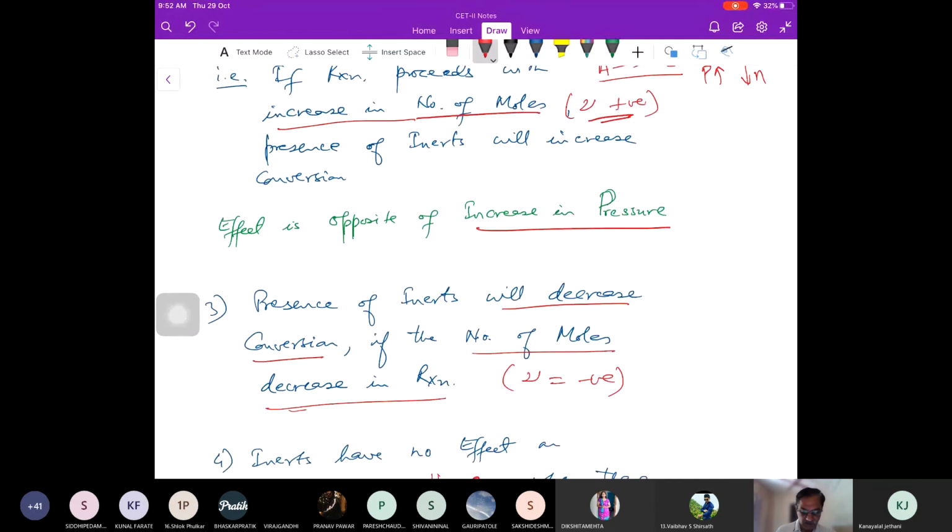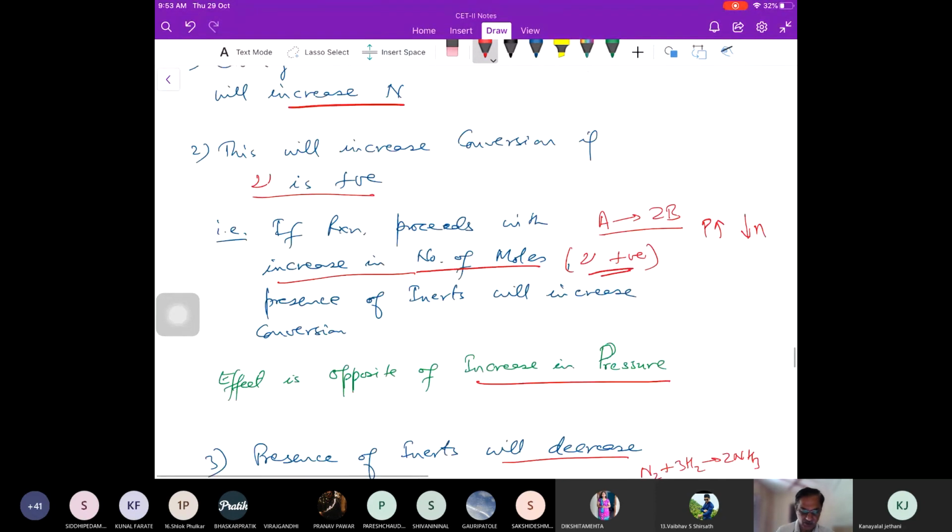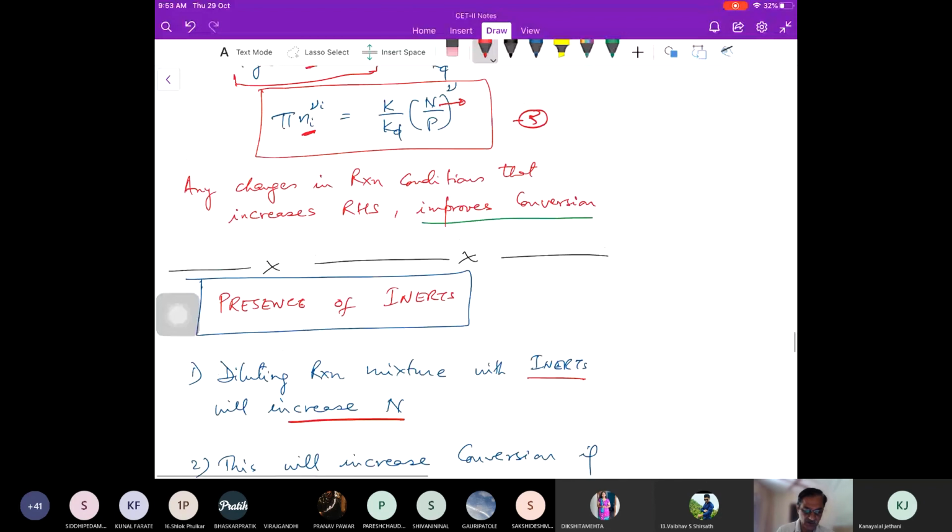Now, the presence of inerts will decrease conversion if the number of moles is decreasing in reaction, right? If you take nitrogen plus 3 hydrogen gives 2 NH3. In this case, nu is equal to -2. Barabar? So in this case, number of moles are decreasing. So what will happen is n raised to power of -nu हो जाएगा.